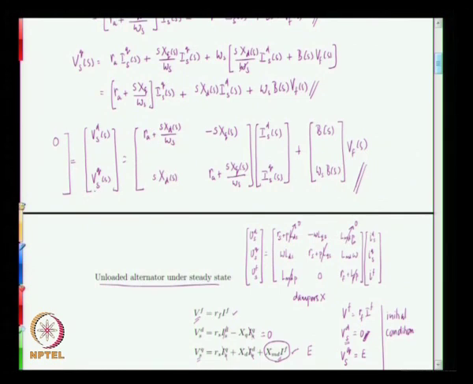Vq of s is applied a voltage minus E, which means in the Laplace domain it would then be minus of E over s, where s is the Laplace variable, and we are not applying any change to Vf, therefore there is no change to Vf, so this is 0.